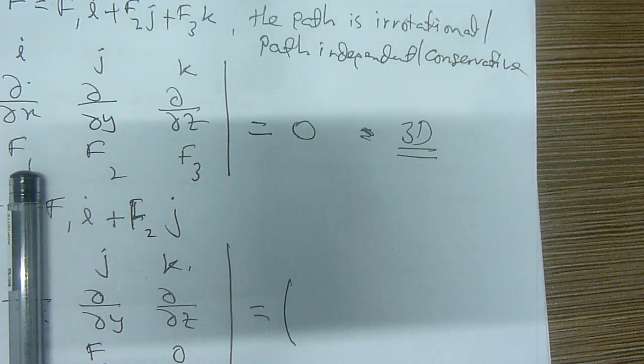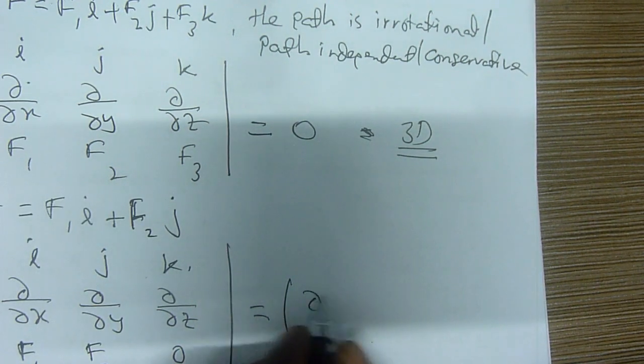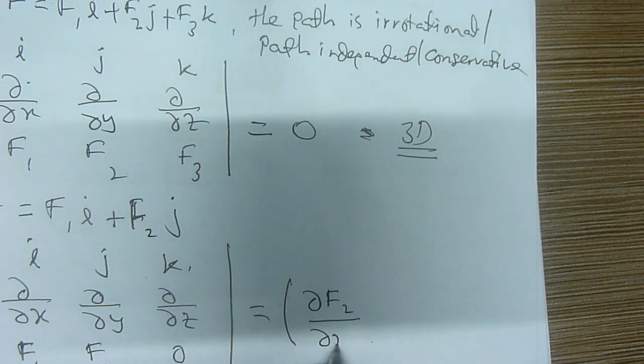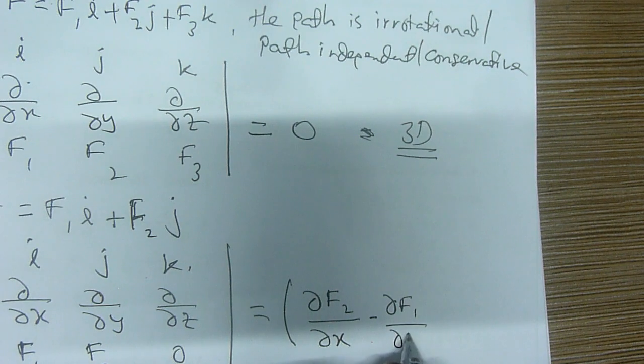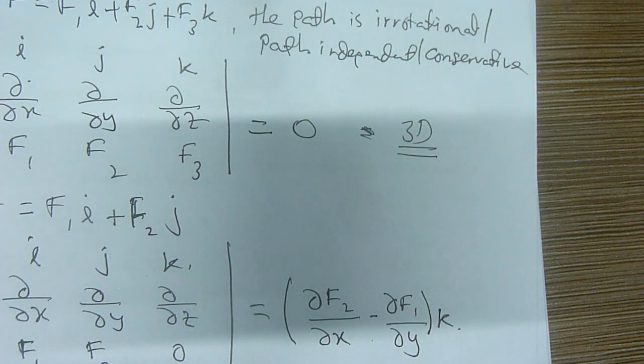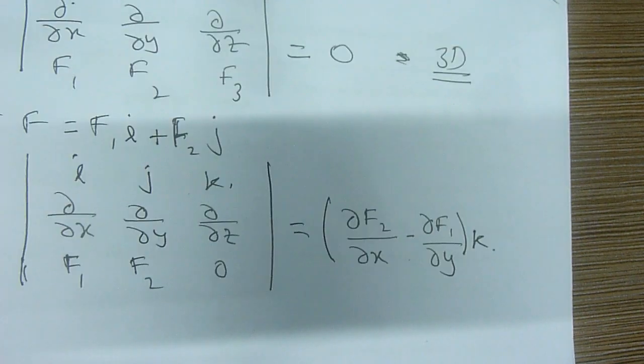Therefore in the end, we are able to say del f2 del x minus del f1 del y refer to k alone. You try to solve and see, you will get this.